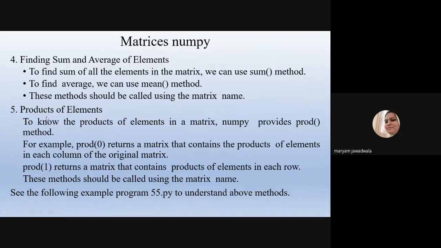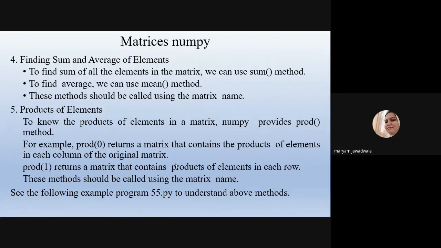Okay, the next point is the product of the matrix. To get the product of the elements in the matrix, numpy provides a function, that is prod, product, with parentheses, right? For example, product with argument 0. What does argument 0 indicate? It returns a matrix that contains the product of elements in each column of the original matrix.